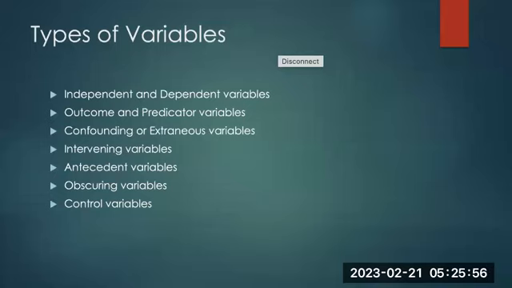The terms confounding variable or extraneous variable refer to any variable that can mislead the researcher about the true relationship between the independent and dependent variables. So for example, you collect data on sunburns and ice cream consumption. You find that higher ice cream consumption is associated with a higher probability of sunburn.